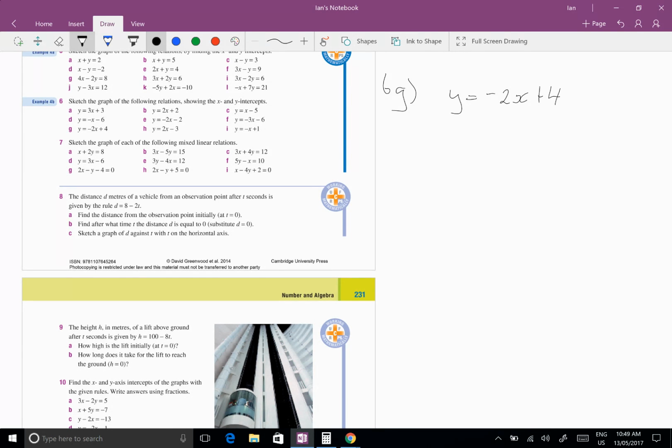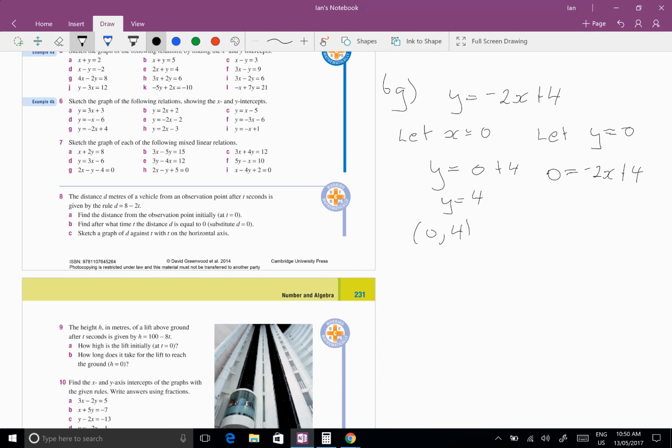And again, because it's written in this manner, it's easy to find the y-intercept first, so we'll let x equals 0, and we get y equals 0 plus 4, y equals 4, so we get 0 and 4 as our y-intercept, and we'll let y equals 0, and we'll get 0 equals -2x plus 4.